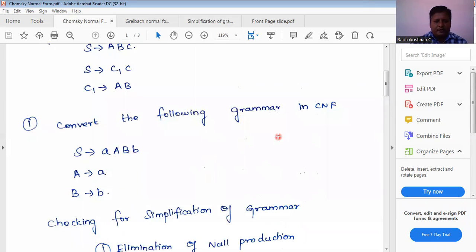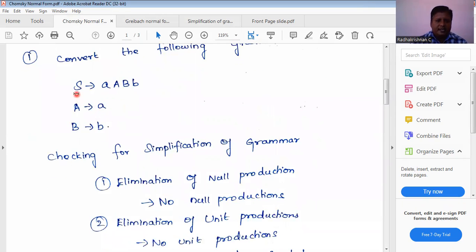Next, convert the grammar into CNF. First, take S gives A, capital B, small b. A gives small a. B gives small b. Now, compare those three rules.